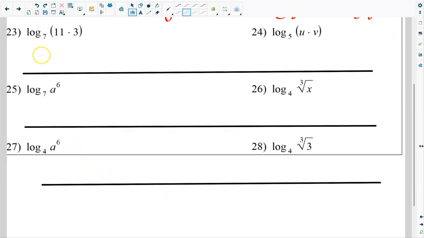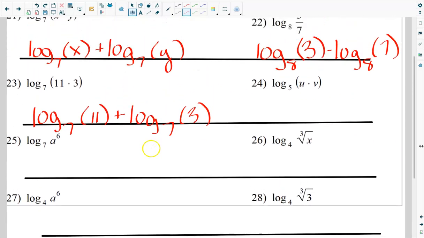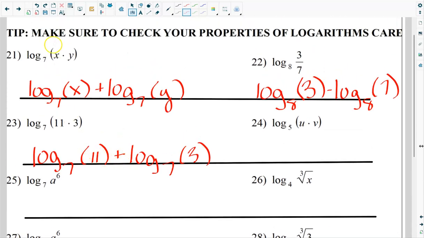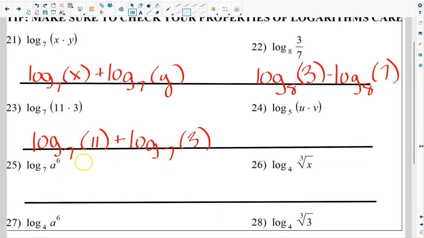Here we have the product property, apparently being multiplied. Especially if you're struggling, you want these examples in your notebooks. Let me check this one we did up here. Notice how similar they are.